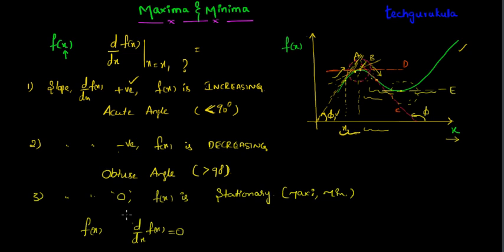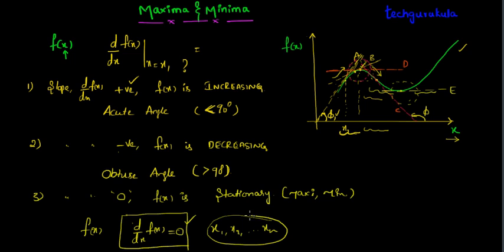So when you solve the equation f'(x) = 0, you will get values of x, say x1, x2, and so on, up to xn. These are all the x values at which the function can be maximum or minimum. There is no distinction yet that we have talked about. We will see that in this video as we progress. So we know how to find the x values where the function can be maximum or minimum.